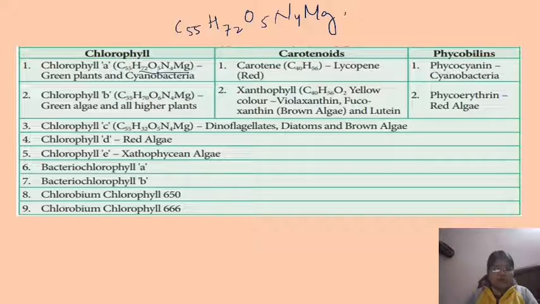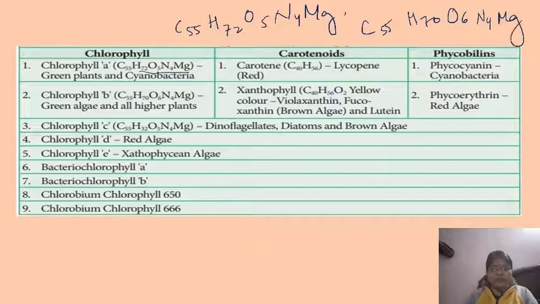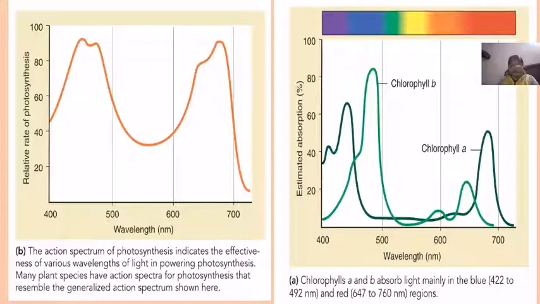So you can see here C55, then H70 has come, O6, because oxygen is added now with the CHO group, then N4 Mg. The rest will be the same. So I hope you understood the difference between the two. C is the same, and the difference is only in that.